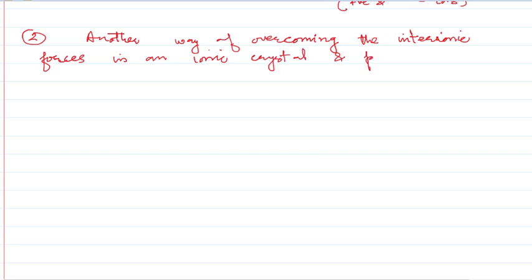And what is our main aim? To produce mobile ions. So what will we use? We will simply use a solvent. That means with the aid of a solvent we will just produce these mobile ions.